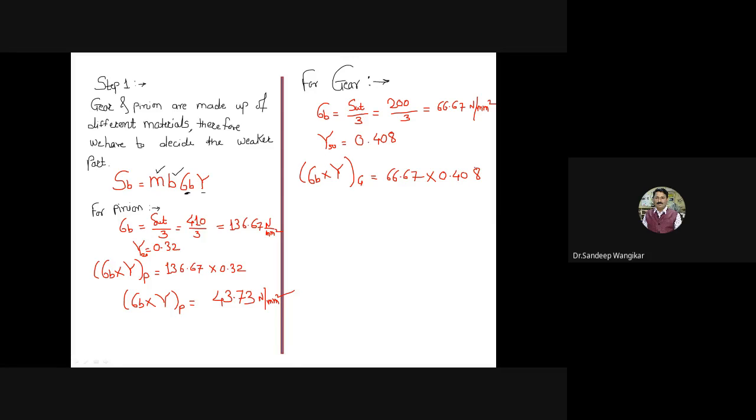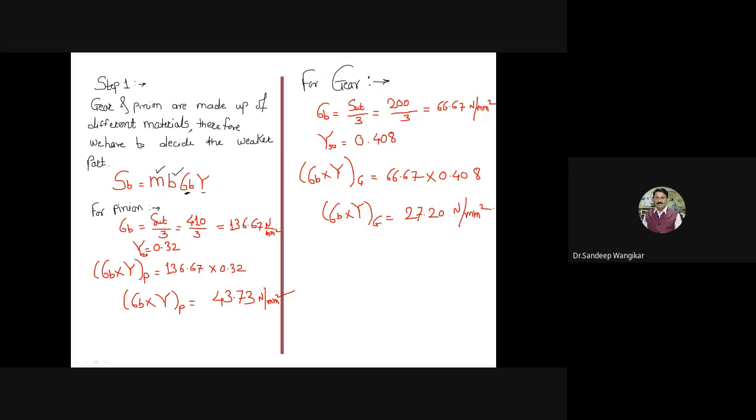So you will get the value as 27.20 Newton per mm square.